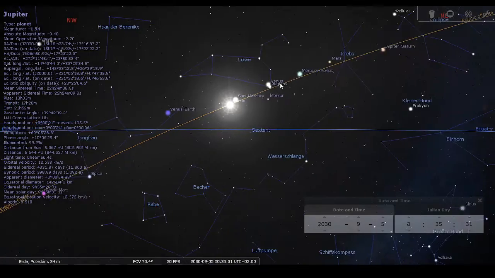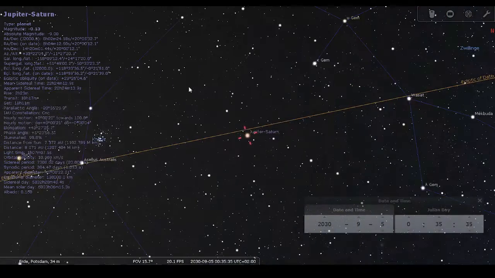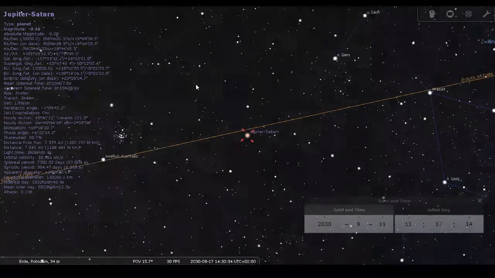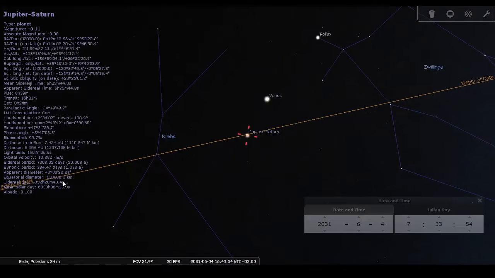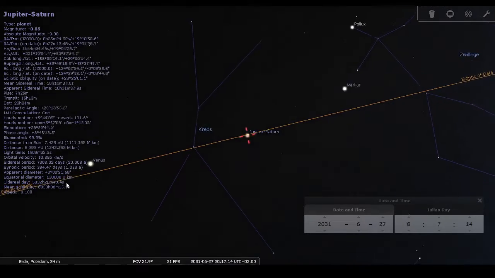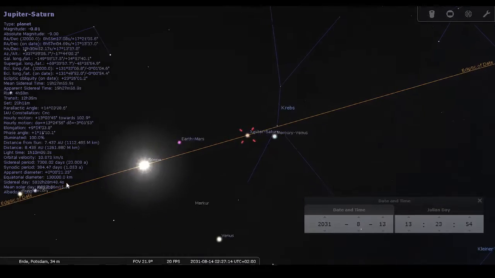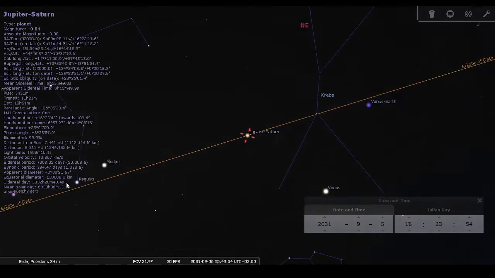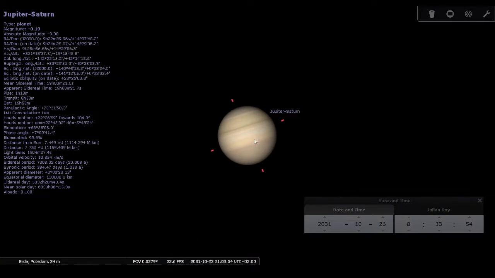And then we're going to go to Jupiter-Saturn, the planet in between Jupiter and Saturn. You're looking at that planet. It has an equatorial diameter of about 130,000 kilometers. It's also in between Jupiter's and Saturn's. It's a rather big planet. It's looking like Saturn without rings.